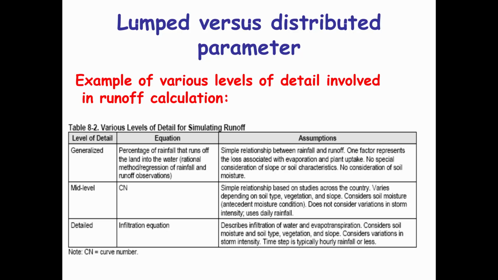And then a more detailed representation would be where you use an infiltration equation to calculate the infiltration process. For this, you would be calculating the infiltration at a point in a watershed. So let's say for a grid-based method, you would have a grid cell that has a certain size, maybe 10 meter by 10 meter, 5 meter by 5 meter, even down to 1 meter by 1 meter grid cell.